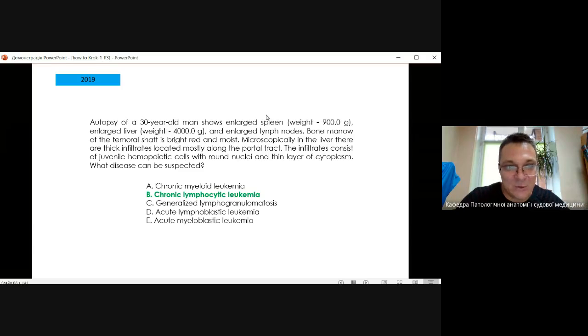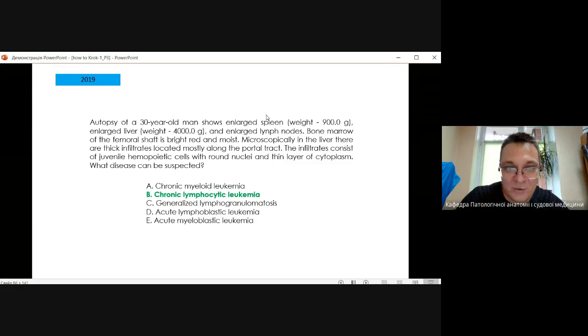And also we see the cells, that makes this MCQ a piece of cake. The infiltrates consist of juvenile hematopoietic cells with round nuclei and thin layer of cytoplasm. And you see no mention of the Auer's rods, which means they're talking about lymphocytes, lymphocyte-like cells. That's the lymphocytic leukemia.